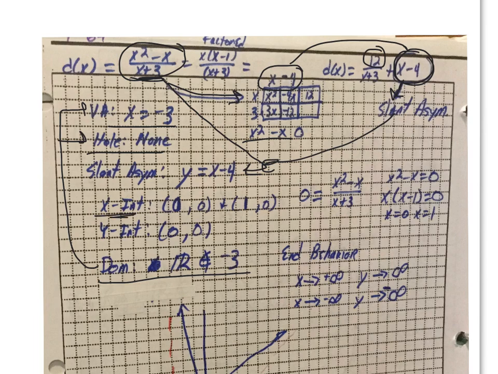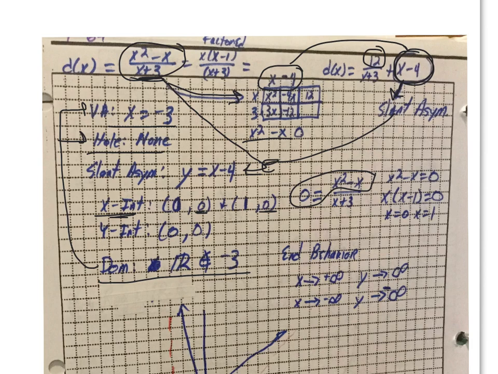X-intercepts occur when y is 0, so put 0 in for y, and analyze your numerator. My numerator then, x squared minus x, set that equal to 0, and solve for x.